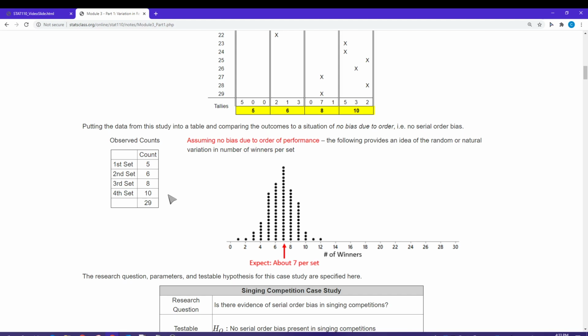So 29 divided by 4 is about 7. So we should see about 7 if there is no performance order bias. I think the exact expected value is like 7.25. So that's how this reference distribution was obtained. It was just using the simulation app with the value for p being 0.25 and the sample size being 29.